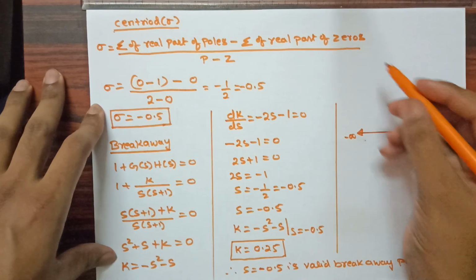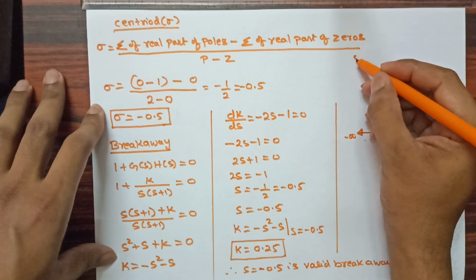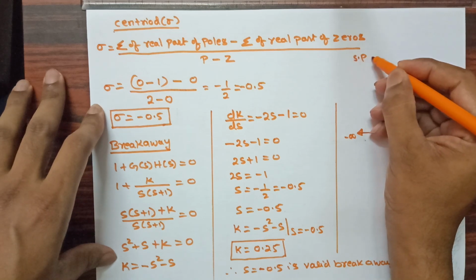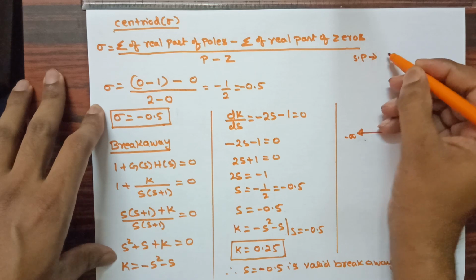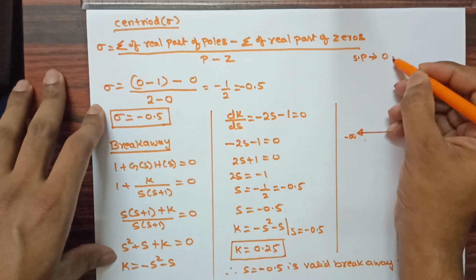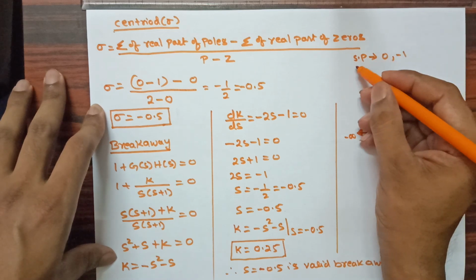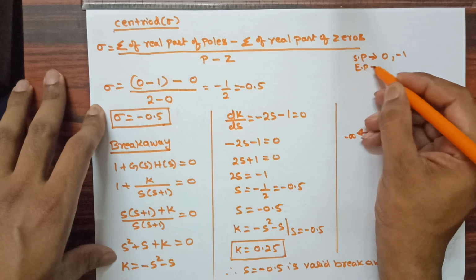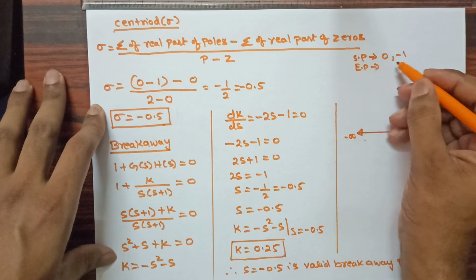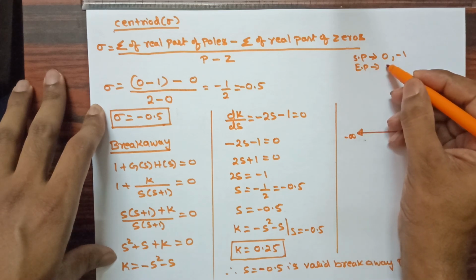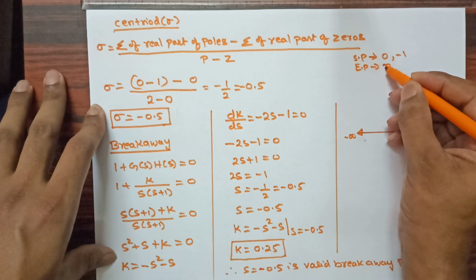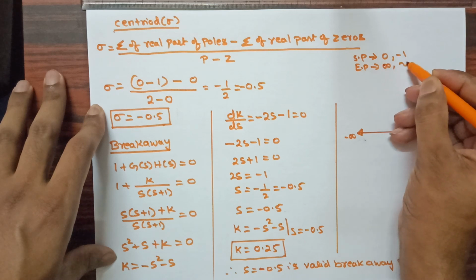To sketch the root locus, we know the starting points: one is 0, another one is -1. In both cases we do not have any zeros to end at, so both are going to end at infinity.